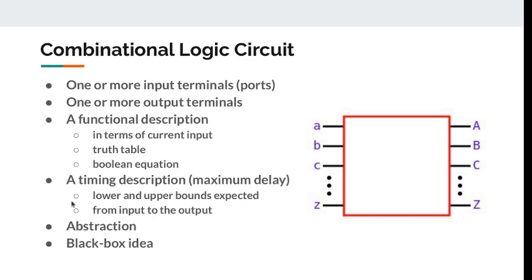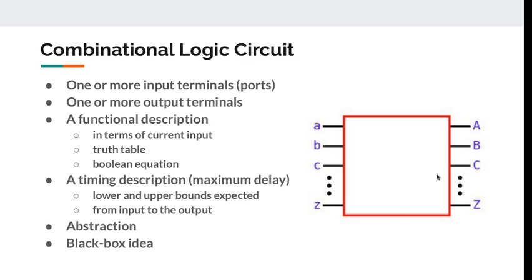And we're also gonna need a timing description, because we're gonna see some delay from the inputs to the outputs. So usually you need to know what's the delay inside this circuit, so you can design your system taking into account the delay that we have here.